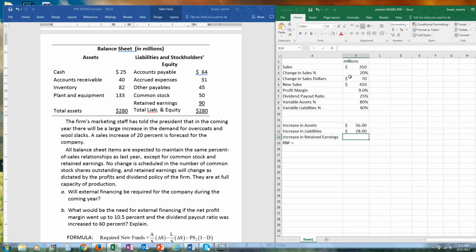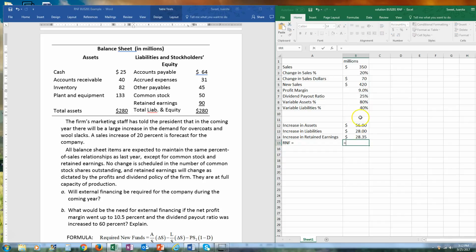The increase in retained earnings is twofold. It's going to be our profit margin times total new sales times, and this is 1 minus the payout ratio. So in other words, if we're paying out 25%, we're keeping 75%. And that would provide us with 28.35 million.